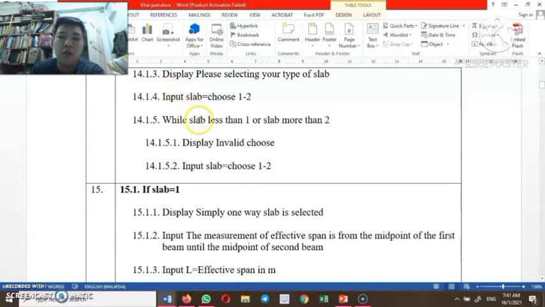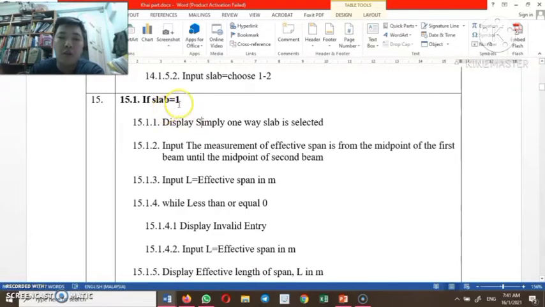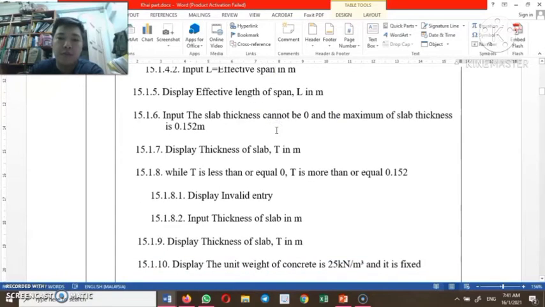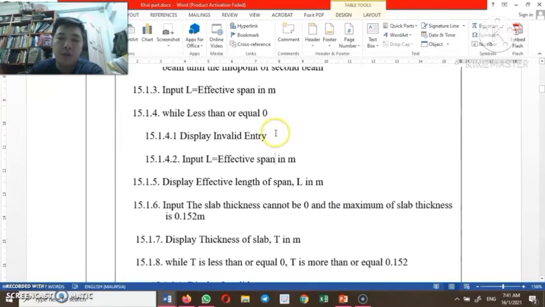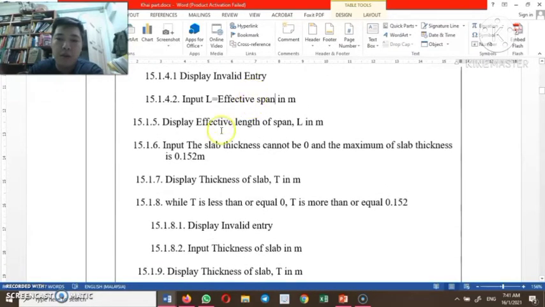So let's say the user chooses the first choice, it will come out as this: display simply supported one-way slab is selected. Okay, so the user will type in the effective span, the thickness.